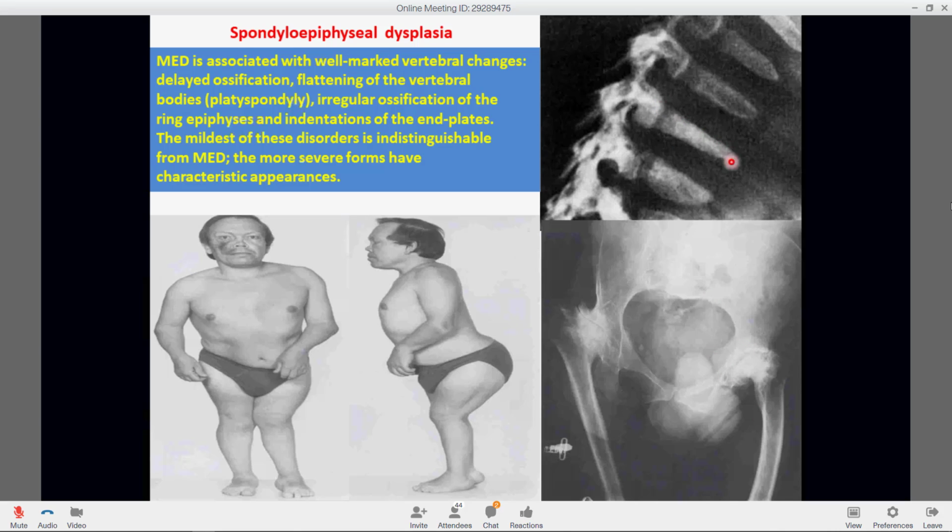The vertebrae are flattened, what we call platyspondyly. So this condition is multiple epiphyseal dysplasia plus vertebral column changes.